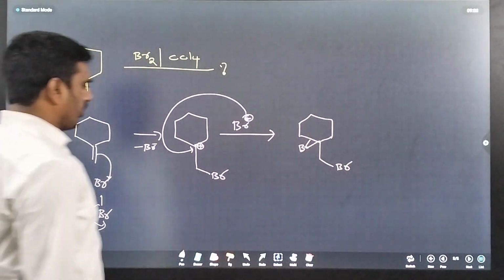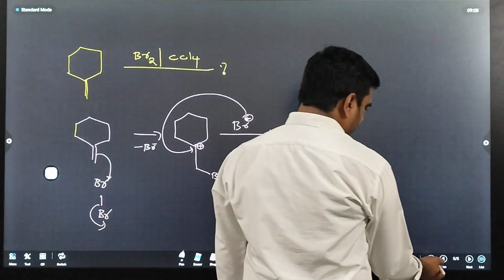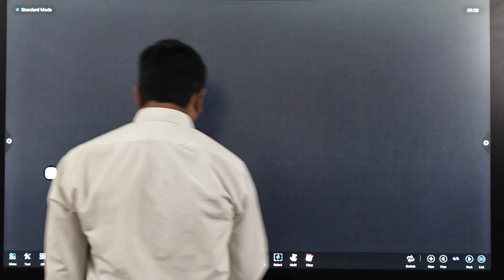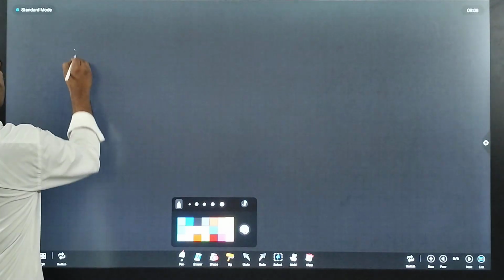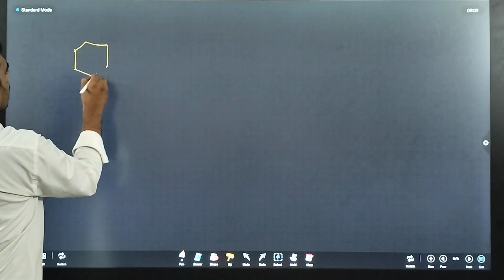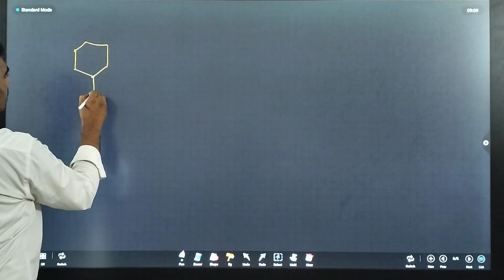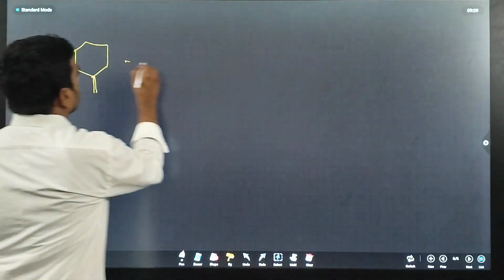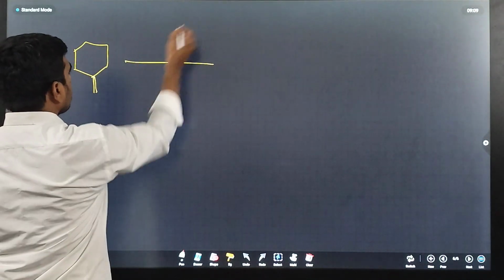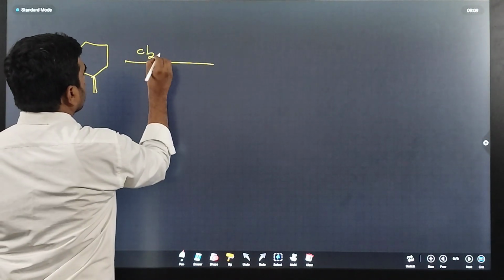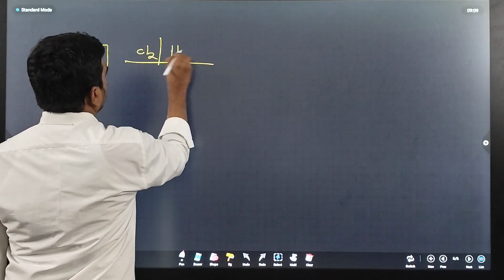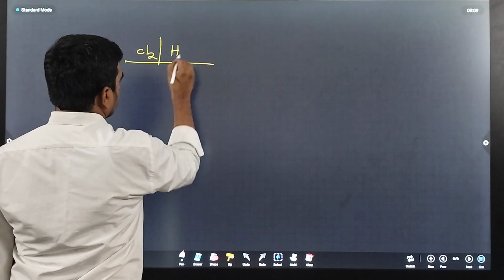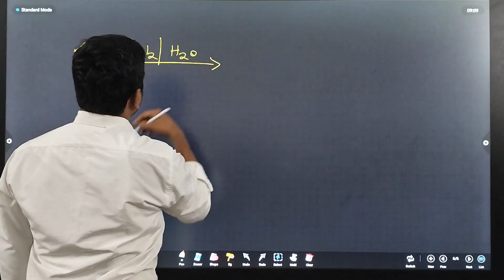Next I can take one more example. Similarly, I can change the solvent. Here Cl2 and H2O.